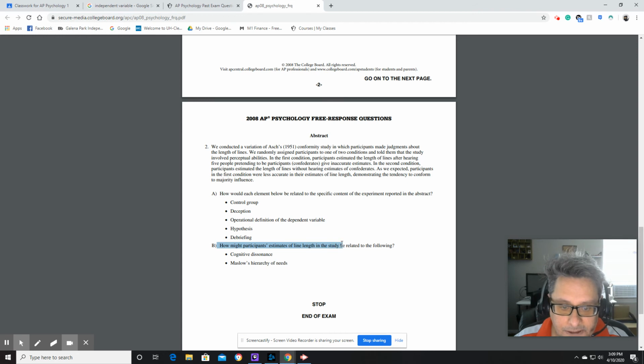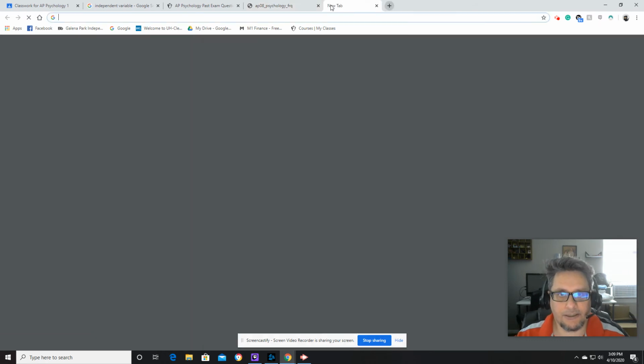So how might participants' estimates of line length in the study be related to the following? Cognitive dissonance. All right, so cognitive dissonance is a big concept.